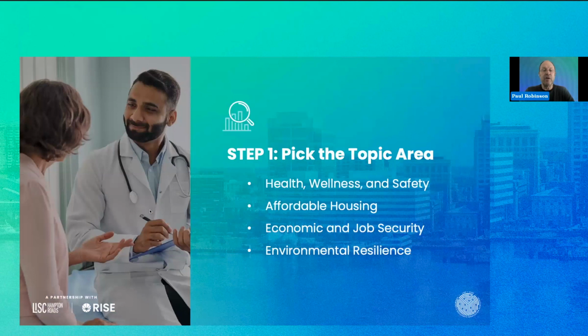There are 4 topic areas in the application guideline: health, wellness, and safety, affordable housing, economic and job security, and environmental resilience. If your topic or your proposed solution falls outside of these areas, that's okay, just as long as you can show that it actually has some benefit on the community resilience.